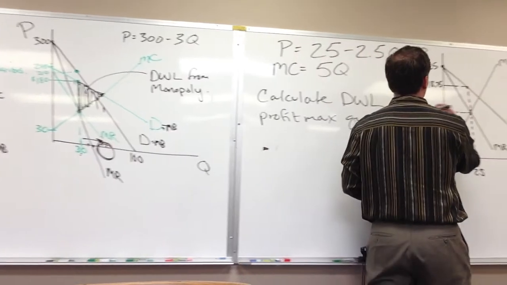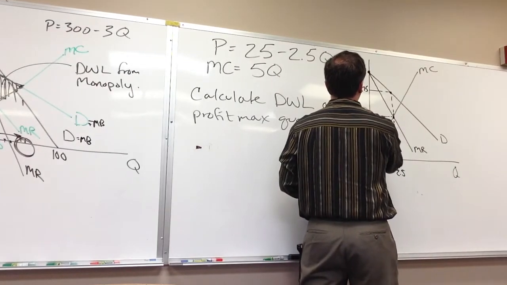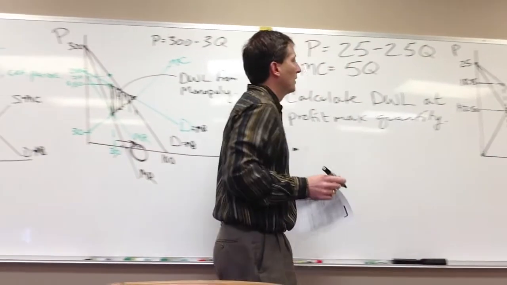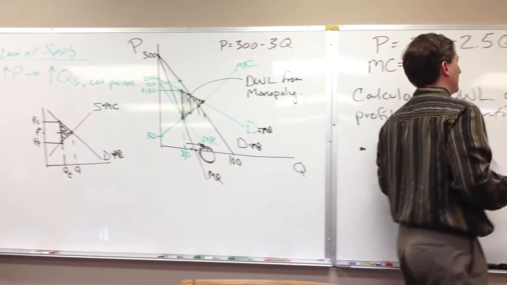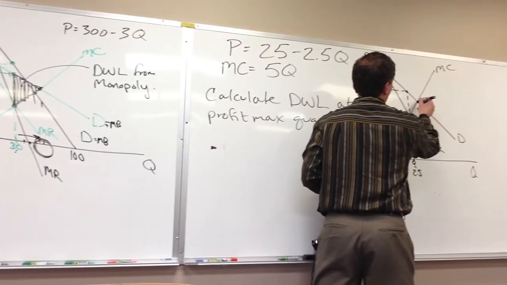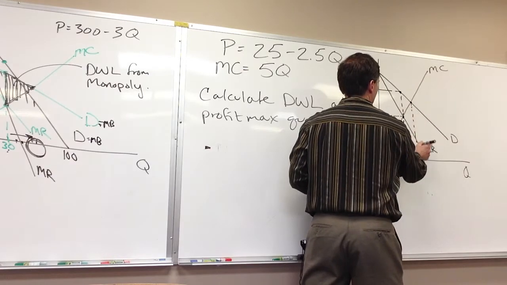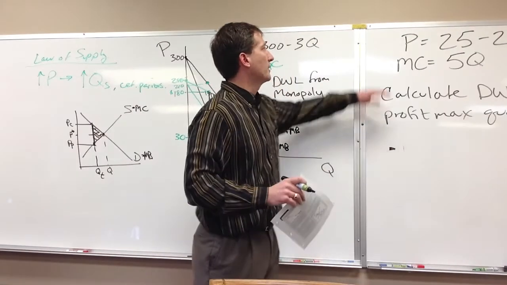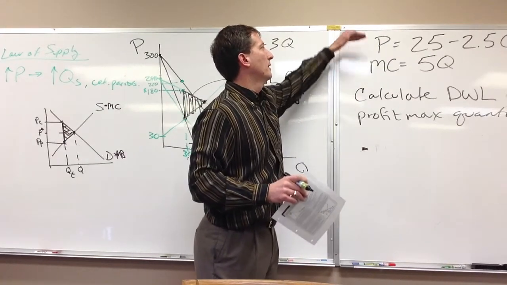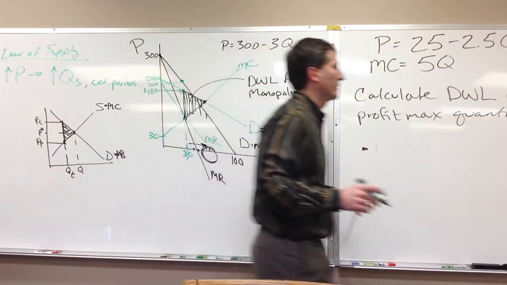So $12.50, since we're thinking of dollars here. Now we have not calculated this point yet, so that one you need to do. We've got the inverse demand curve. Where does that equal marginal cost to find the allocatively efficient quantity?